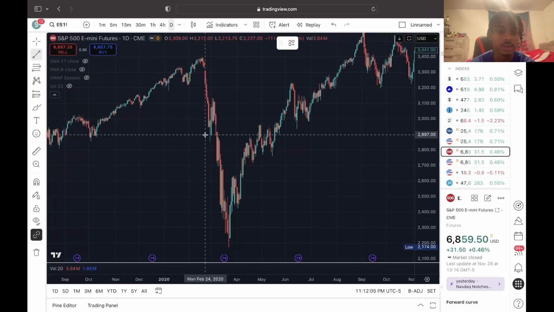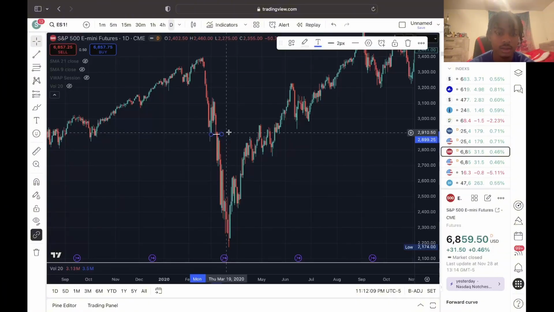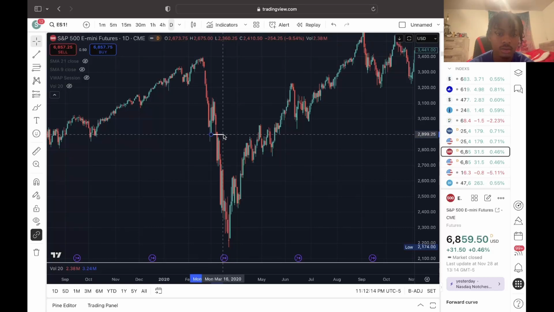In a downtrend, we have this low right here. So we see price drop and then move back up to make a lower high.